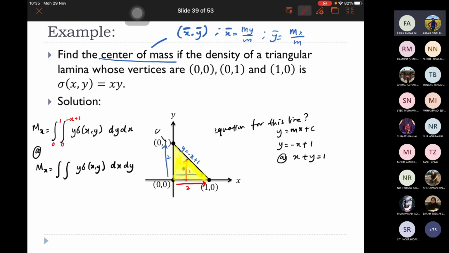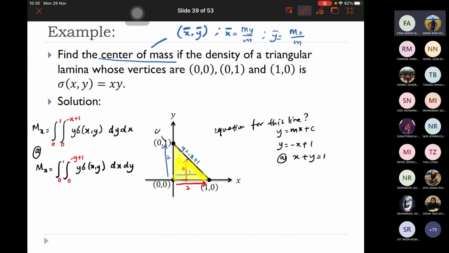So, kalau untuk dx dy, dia akan jadi berapa? x dalam sebutan y. So, sama juga dia akan jadi 0 sampai negatif y tambah 1, dan y 0 sampai 1. Okay.